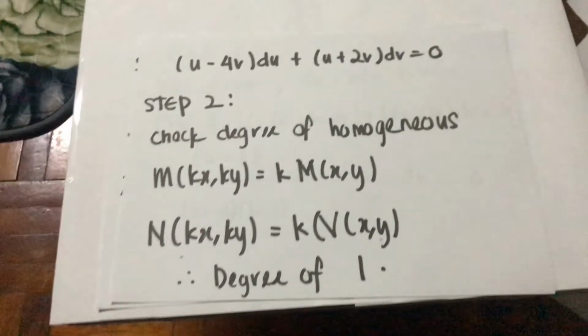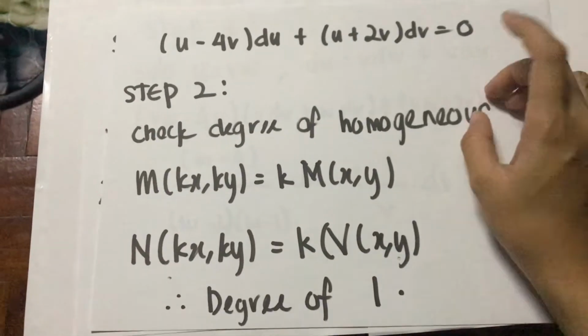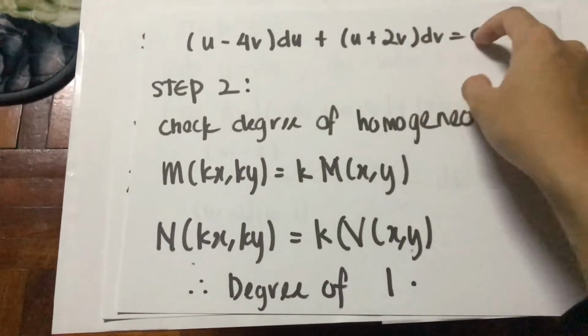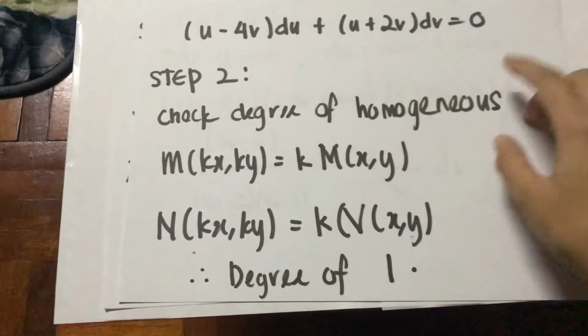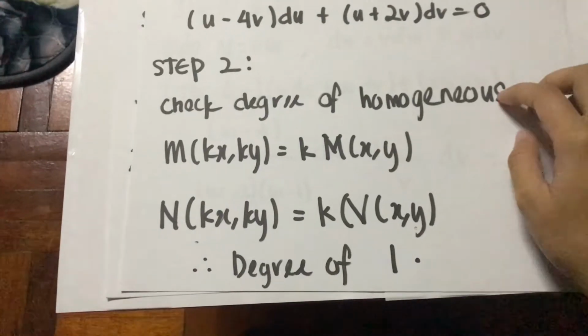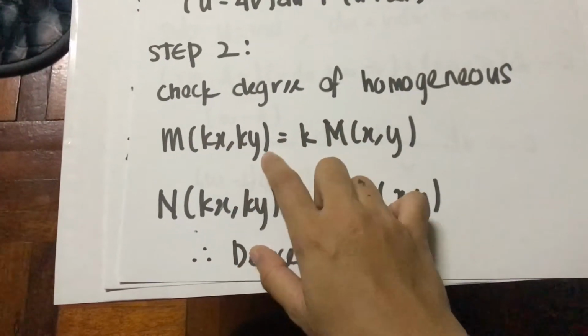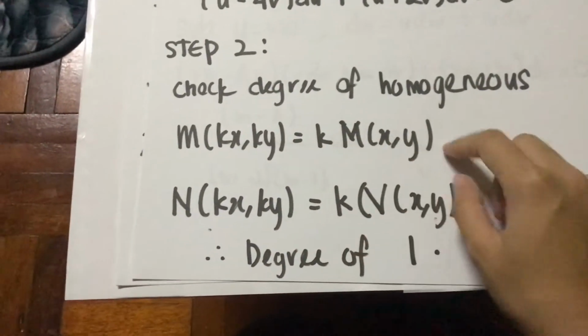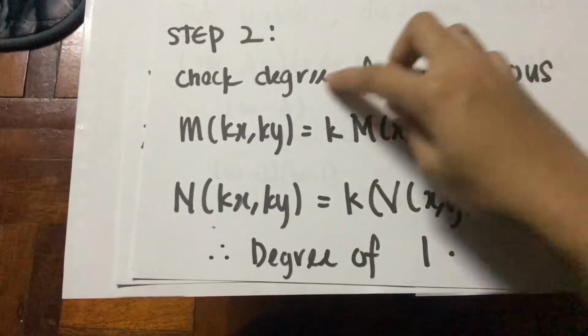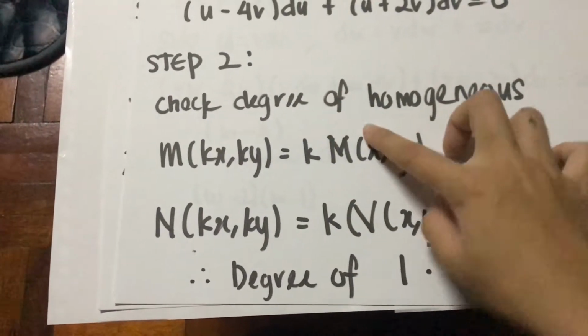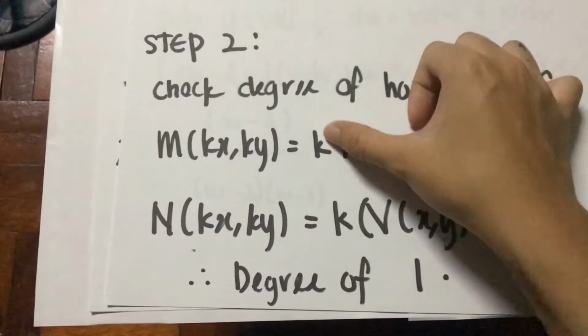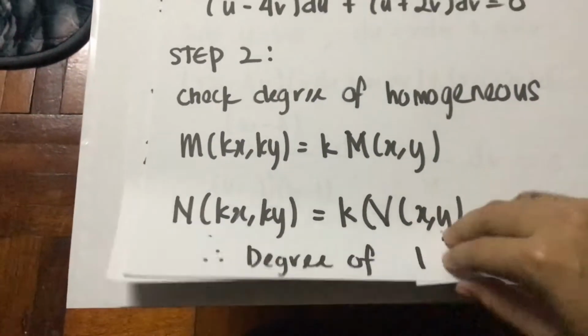Then we substitute that into the original equation. We check the degree of the homogeneous function, which is M(kx, ky) equals k to the power m times M(x, y). From this, we find that the degree of the homogeneous function is 1.